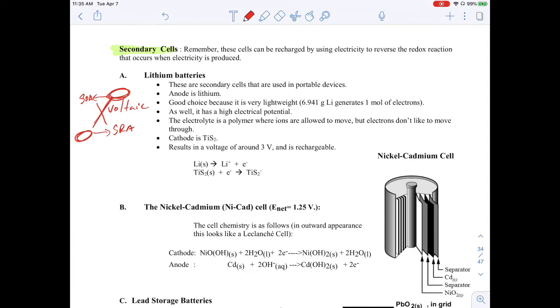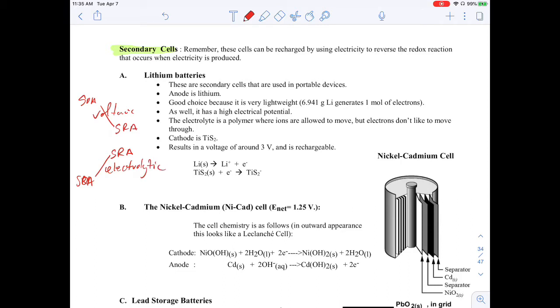Electrolytic cells use electricity to force a reaction that wouldn't spontaneously occur. We're going to study those in the next one, but basically the secondary cells are going to have both a strongest oxidizing agent spontaneously reacting with the strongest reducing agent, and then the reverse when recharging. This is when it's voltaic, and this is when it's electrolytic.